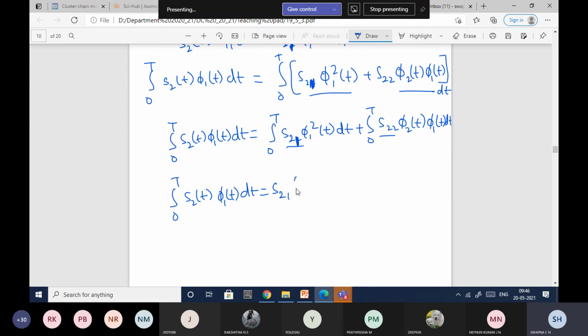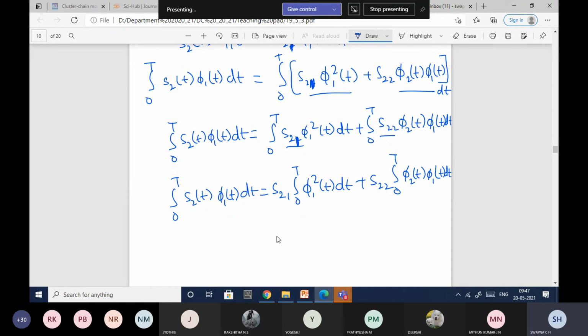So s21 integral 0 to t phi1 square of t dt plus s22 integral 0 to t phi2 of t into phi1 of t dt.